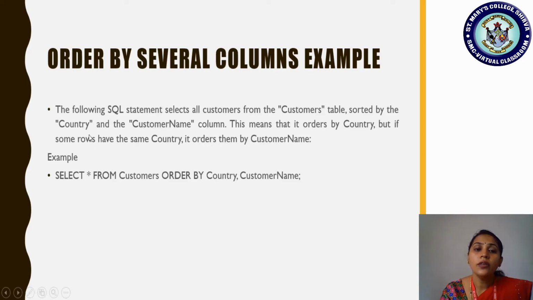So along with the country, the customer name column also will be sorted. This means that it orders by country, but if some rows have the same country, it orders them by which one? Customer name.